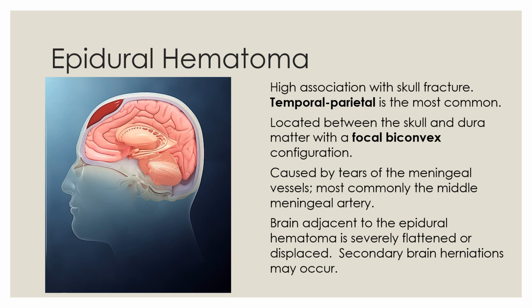The first one that we're going to talk about is epidural hematoma. Epidural hematoma is a collection of blood between the dura mater and the skull. It is very highly associated with skull fracture and often occurs in the temporal parietal area of the skull.